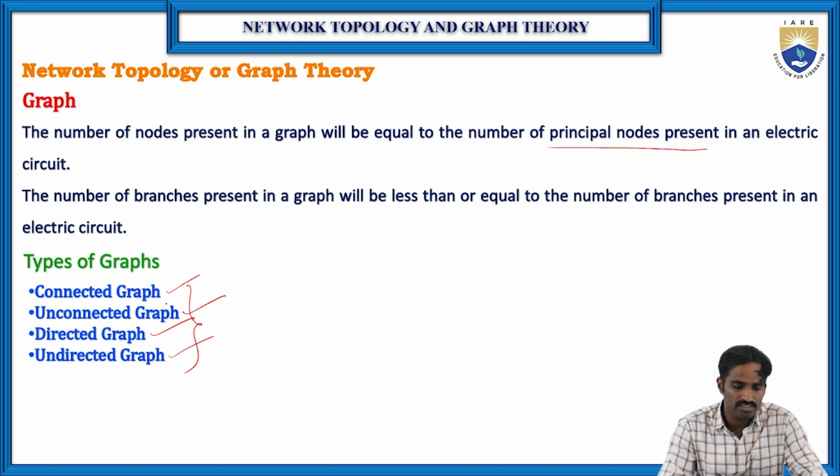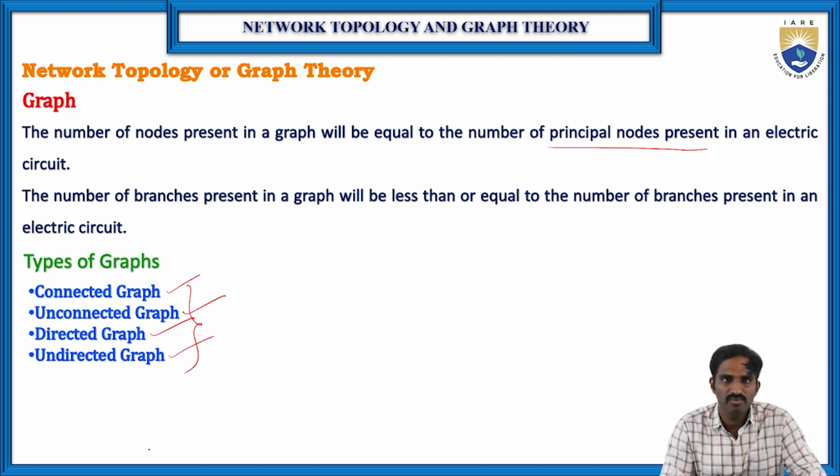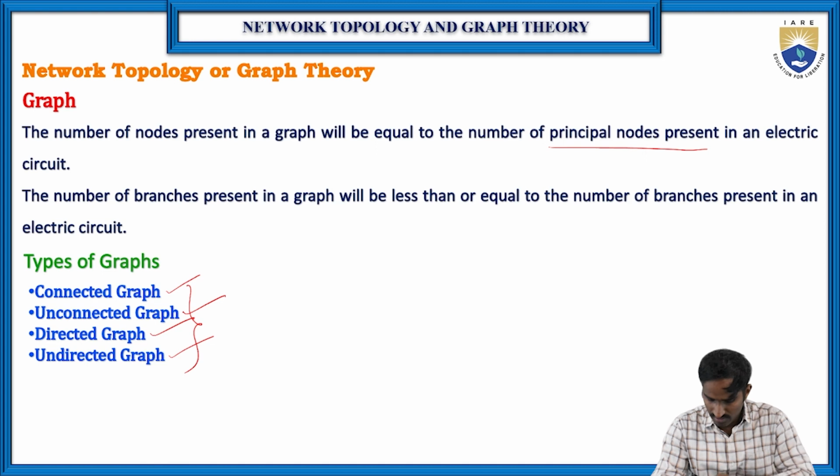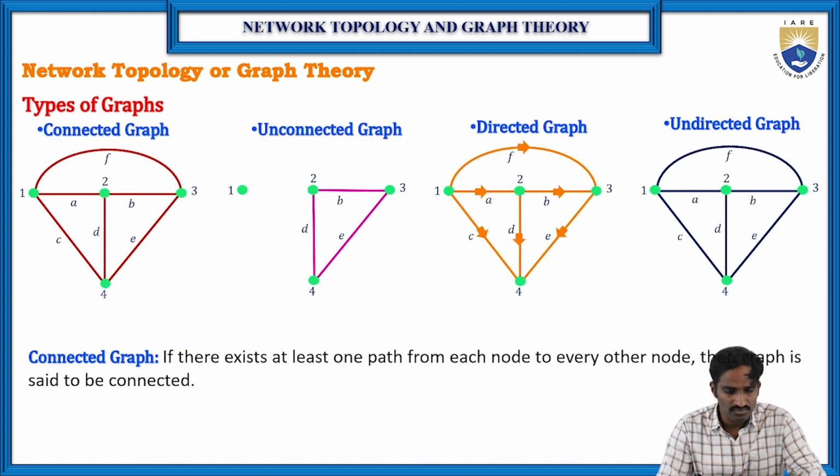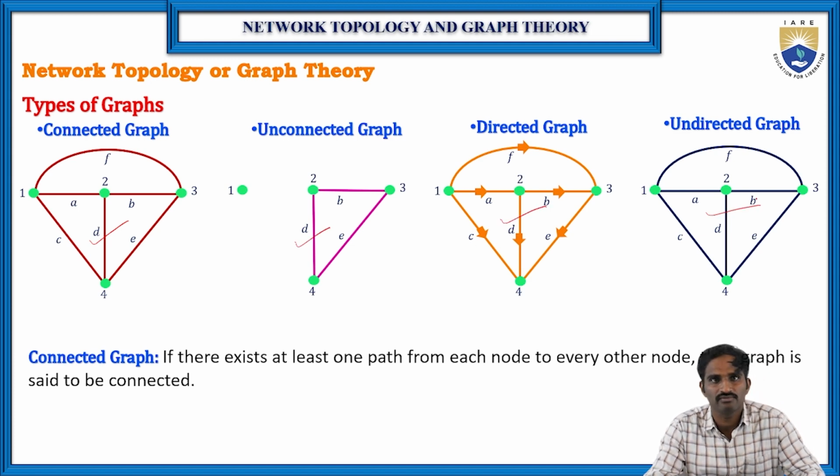Let us discuss one by one what is meant by the connected graph and unconnected graph, and similarly what is directed and undirected graph. First, here you can see I have represented the various graphs. In the first case this is called the connected graph, this is the unconnected graph, this is the directed graph, and this is the undirected graph.